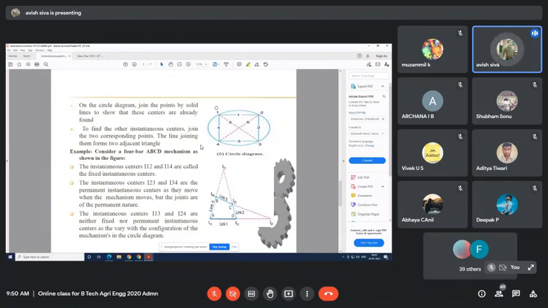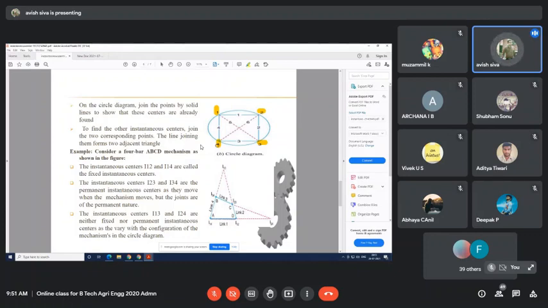Forget about that pink colored line and all. You just draw one circle and one square inside that circle, and mark as such 1 2 3 4.